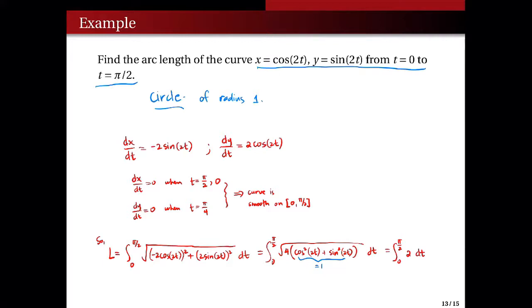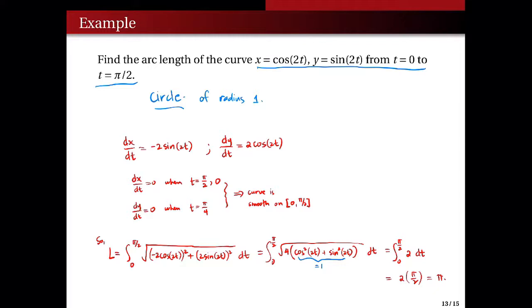So, if we continue, this will be equal to 2 times pi over 2. And this is equal to pi. So, is this a circle? It should be a semicircle.